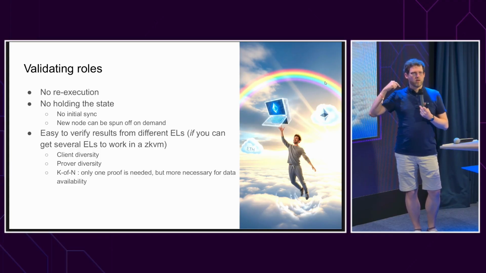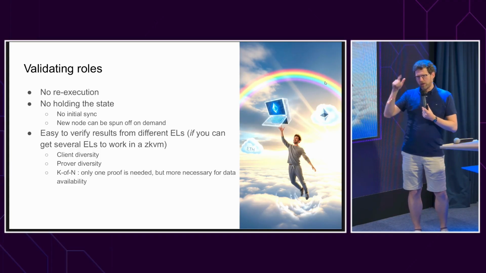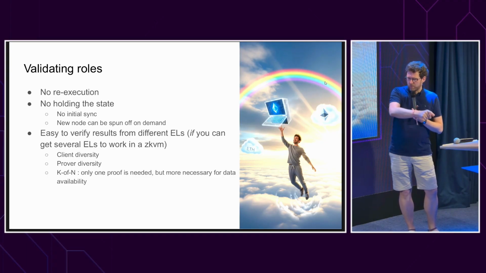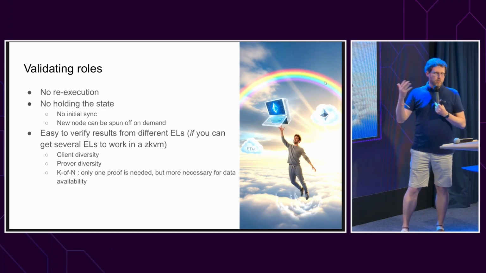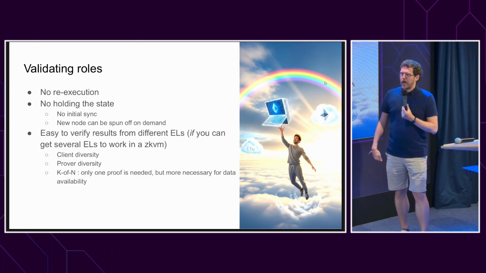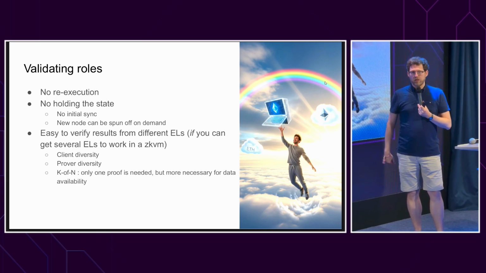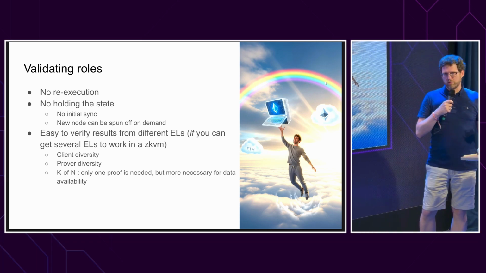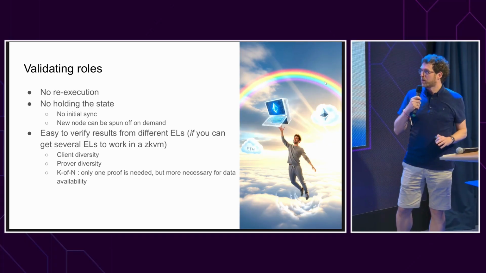Maybe I need to store the blocks, but not as much either, because I can just keep the header chain, basically. It's great, I don't need to sync. Sync is a pain. I can create as many nodes as I want. If I want to start doing DVT or things like load balancing, whatever, I can do this.